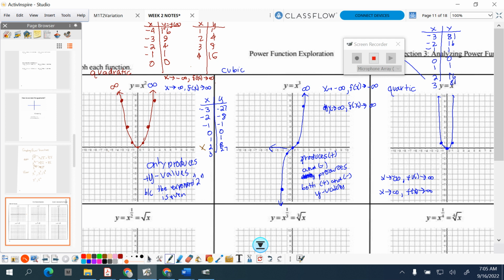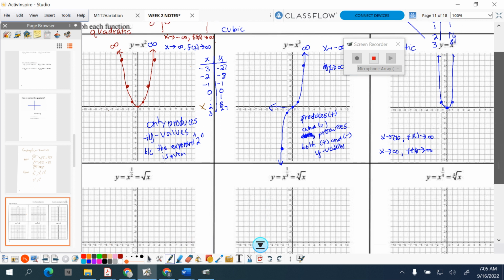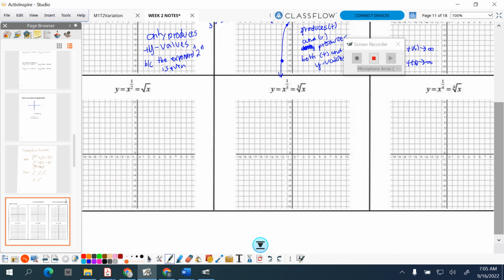So now we're going to move on to, these were our power functions. Now we're going to move on to root functions. As you can see, if I have a fraction, it's pretty much going to get a root here. So let's look at some tables of values here. Let me make some adjustments fairly quickly. Right.